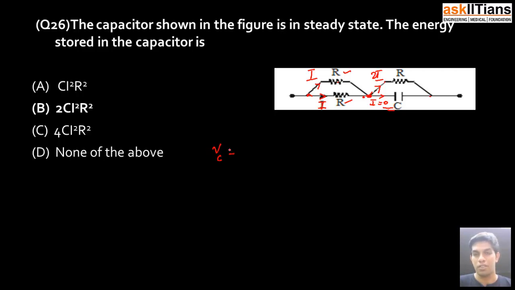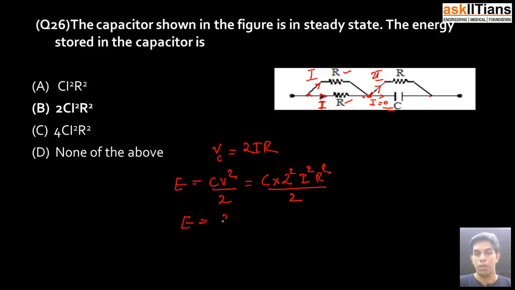Let's say VC is equal to 2IR, and the energy stored in the capacitor is given by CV square by 2. So I have C over here, V square is 2 square I square R square, by 2. So the energy stored is equal to 2C I square R square. Hence B is the correct answer.